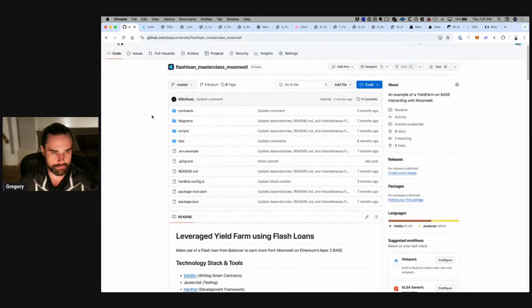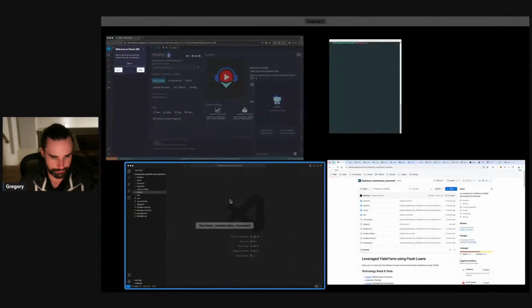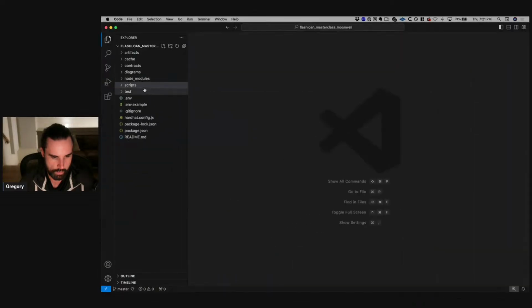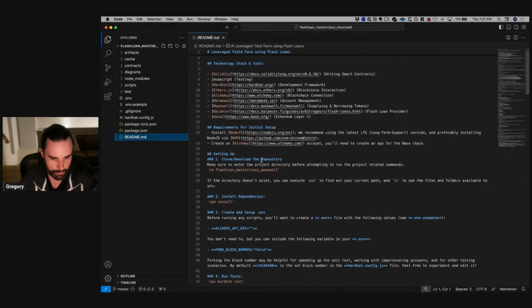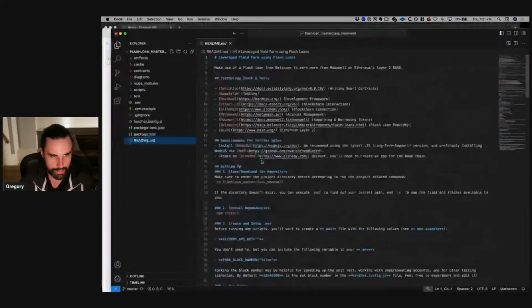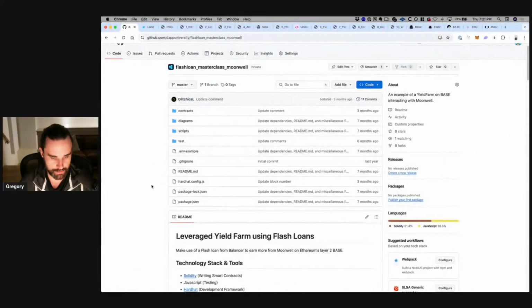So inside of that project, we've got a README file. If you look at that, that's the same text that I'm referencing right here.